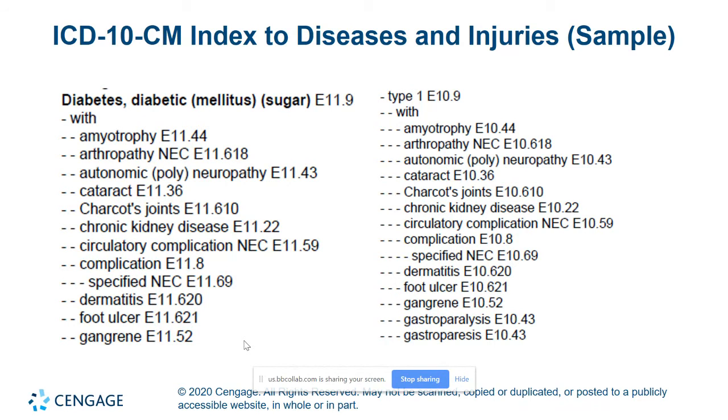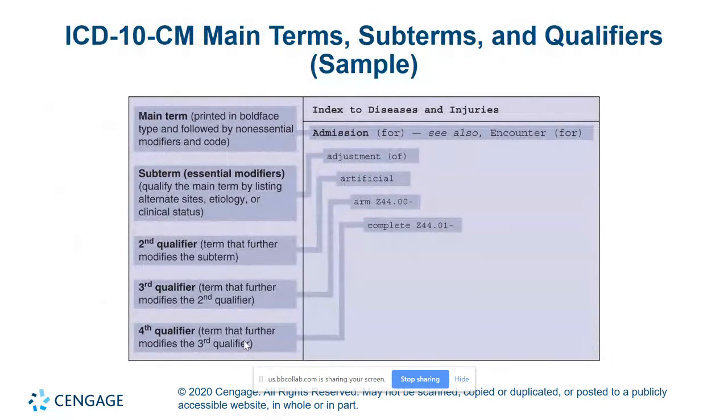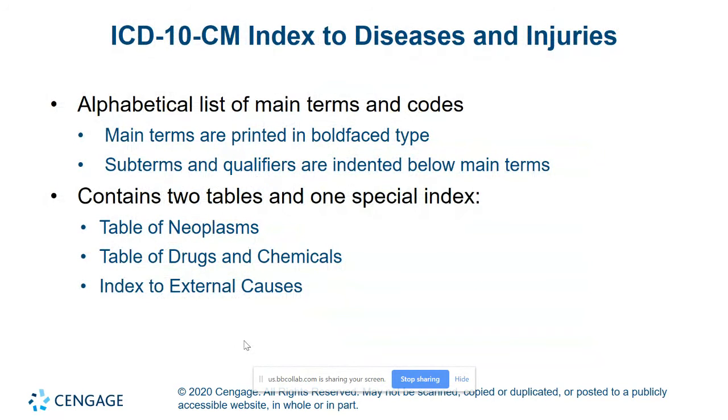So you want to make sure that you're at all of those correct levels. That's why the little indentions on the PDF are important, and it's important to follow this, because then you could get offline and you're going to reference the wrong code. So you do want to pay attention to the different levels when you are looking at your main terms and your qualifiers, essential modifiers.